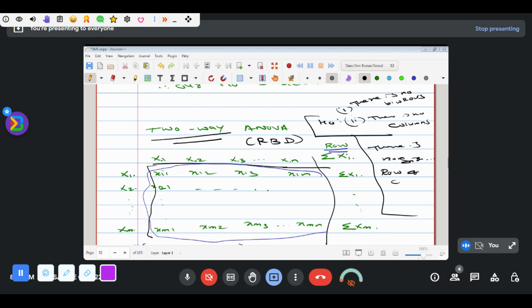Writing a single H naught is also correct. Either write this part or that part, both are the same. First you write the H naught, and after that move to the calculation part.